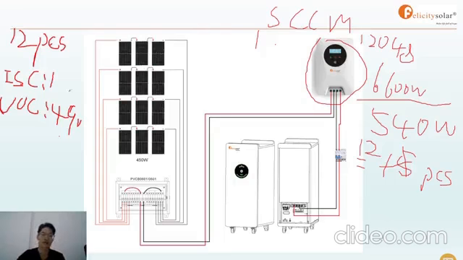You need to make sure that the voltage and the current are below the limitation of the machine. The IAC is 13.89 ampere.